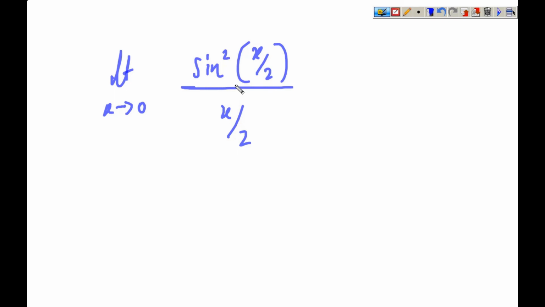Here, from the previous question, we know that limit as x approaches 0 of sin x by x is 1. So we can simply apply that. Even if x by 2, if x is approaching 0, this will be 0 and this will be 0 as well. So sin x by 2 by x by 2 will be 1. But here we have sin square, so we'll simply expand it.